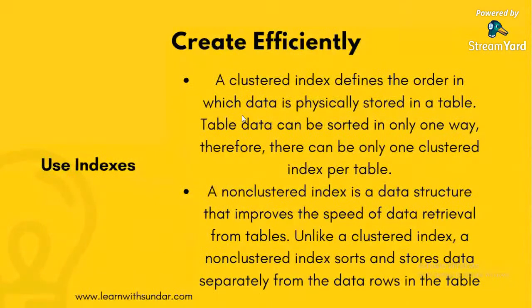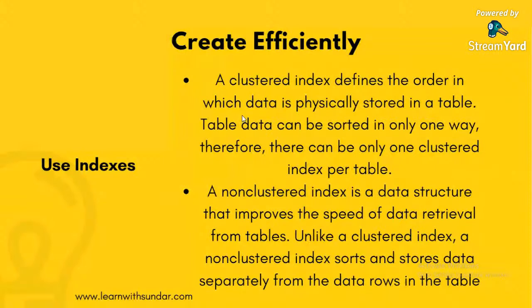Table data can be stored in only one way, therefore there can be only one clustered index per table. So we don't need to worry much about the clustered index if your table has a primary key column.